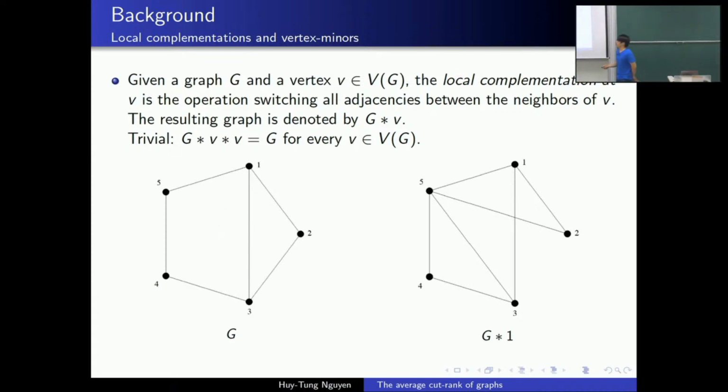It is trivial that if you locally complement a vertex twice, then we get the original graph. For example, you can see here, sorry, the numbers are a bit small, but I guess it's fine. If I locally complement vertex 1, then I will change the adjacencies of the vertices 2, 3, and 5, as you can see here.